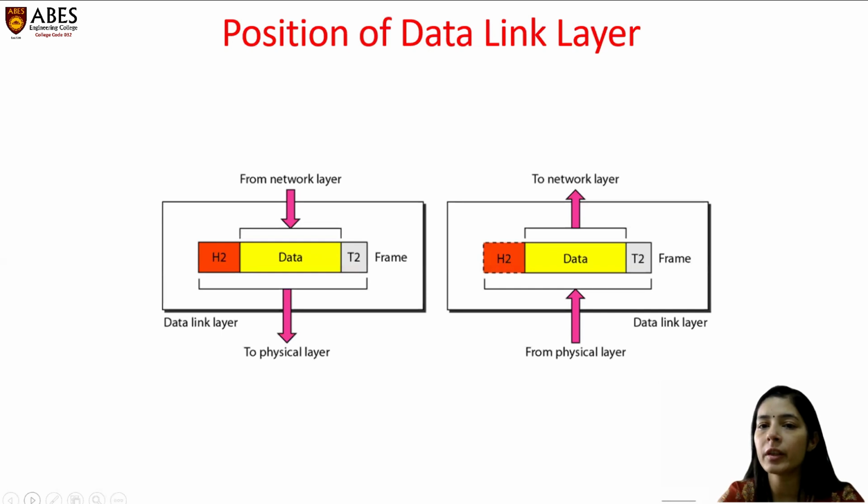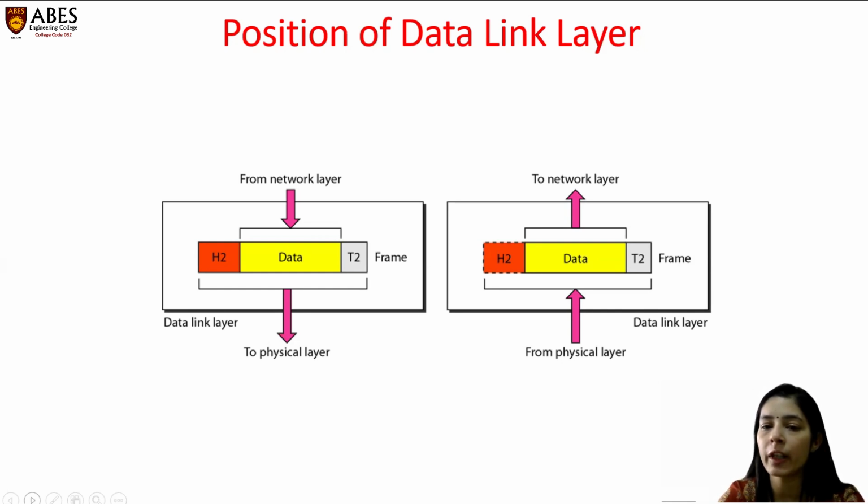So first, we will discuss the position of the data link layer in the OSI reference model. The data link layer receives the data packets from the network layer, and after attaching the header as well as the trailer, passes the frame on to the physical layer.